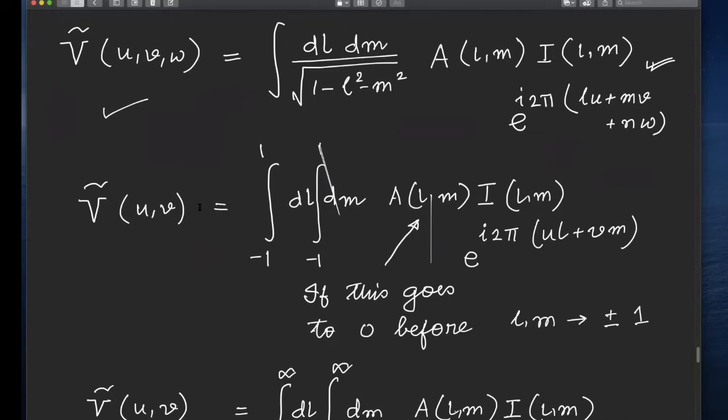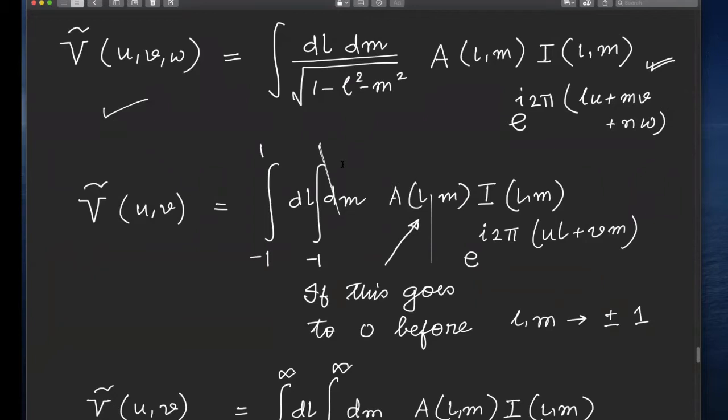Once you do that, and you also assume that l and m are much less than 1, then you can write the visibility in this following form. But remember that l and m are direction cosines, so their limits are still -1 to +1. So it's still not a Fourier transform relation.